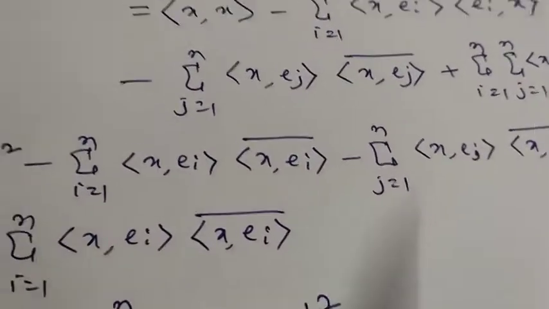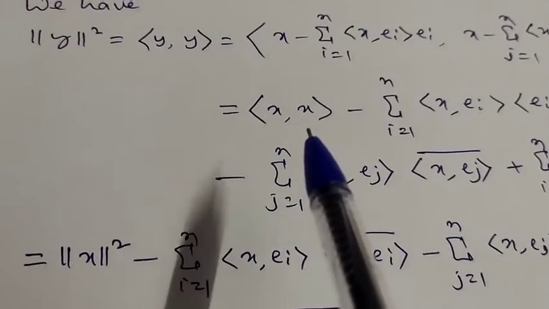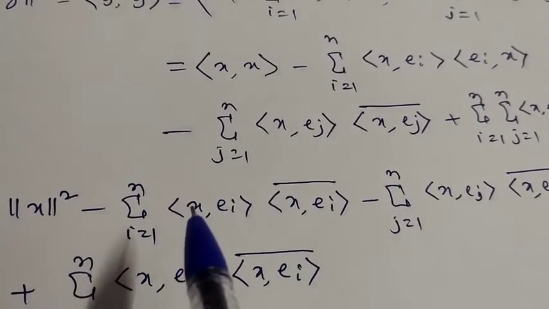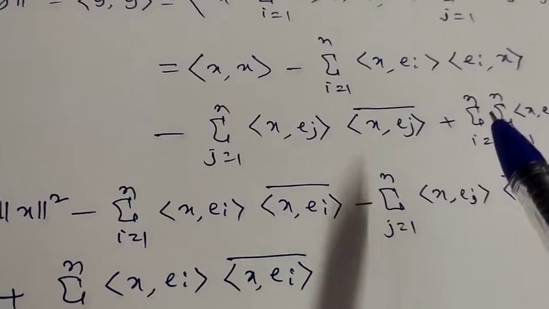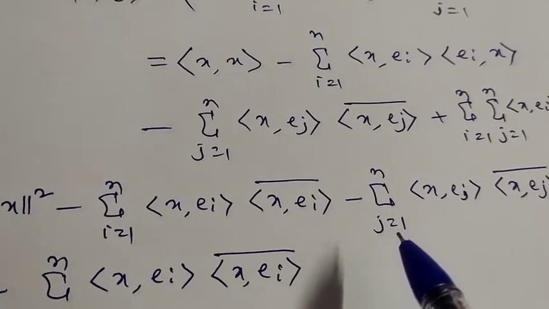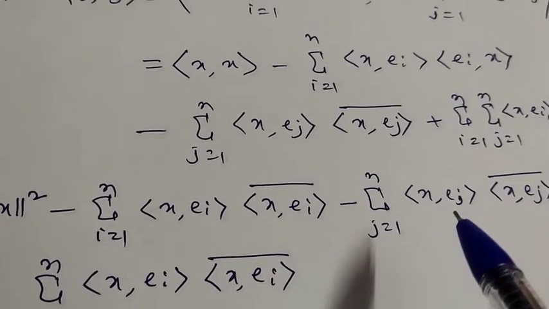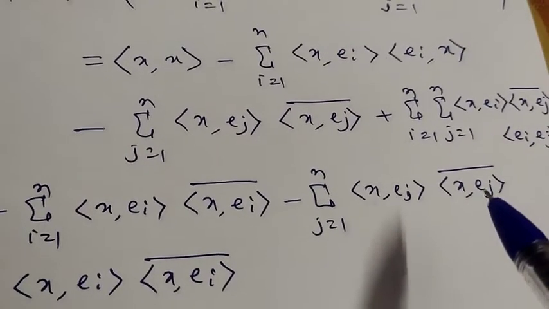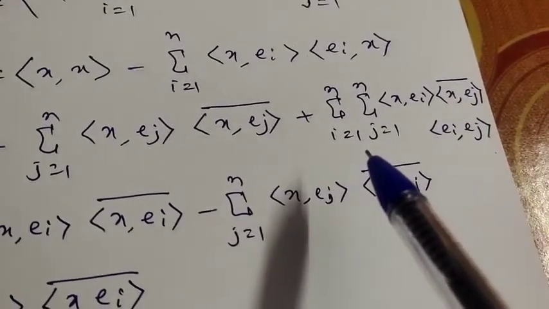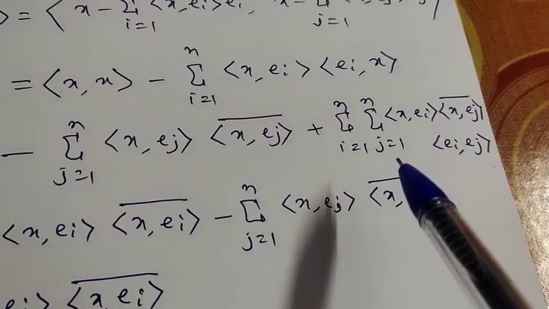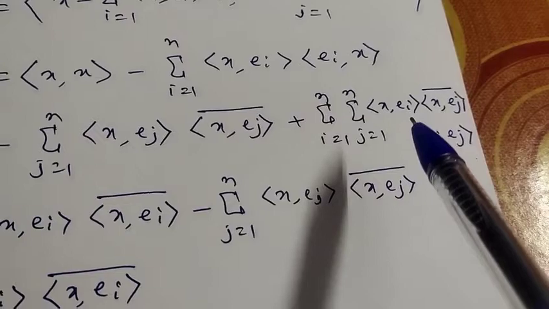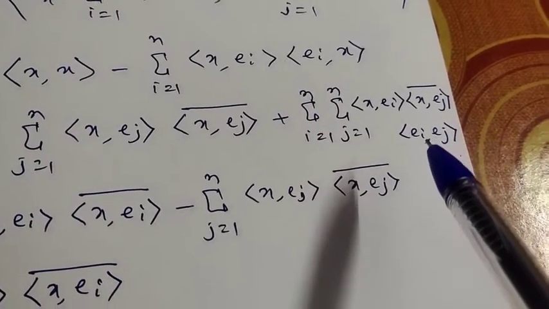So this is equal to norm of x square, since inner product of x comma x is norm of x square, minus summation i equal to 1 to n of (x comma ei) into (ei comma x), which can be written as (x comma ei) conjugate, minus summation j equal to 1 to n of (x comma ej) into (x comma ej) bar, means conjugate, and this is, look here, summation i equal to 1 to n, summation j equal to 1 to n of (x comma ei) into (x comma ej) bar into (ei comma ej).